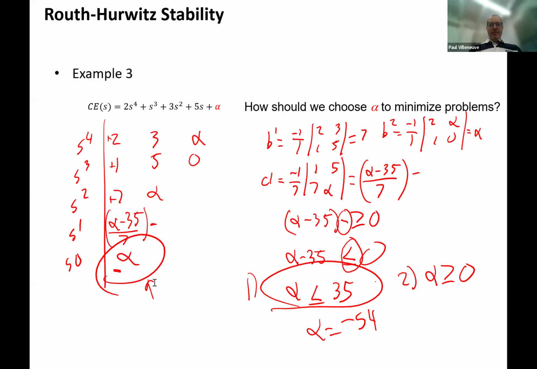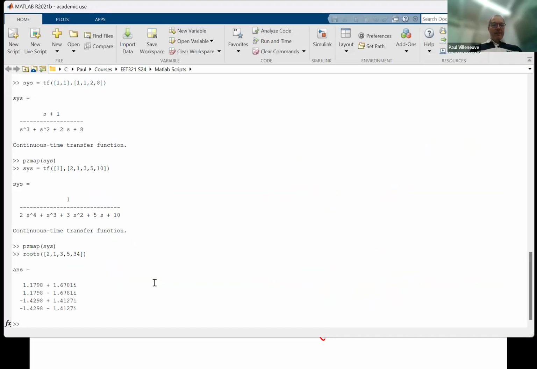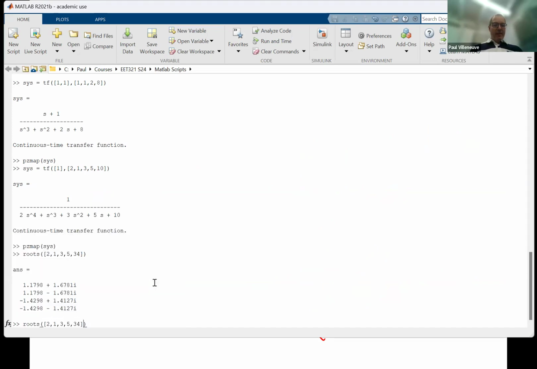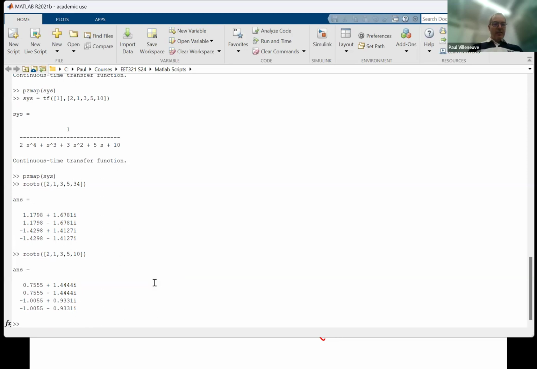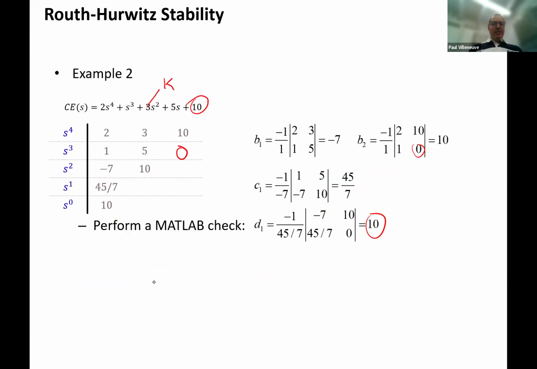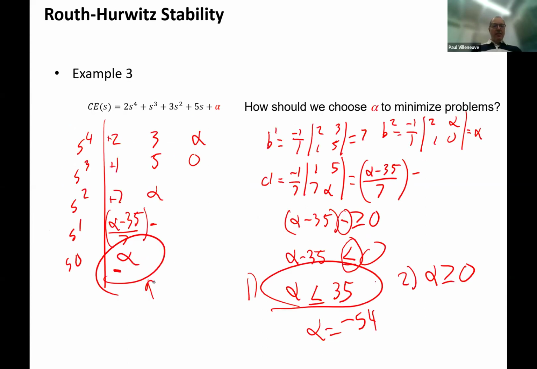I'm not sure why this isn't working out. Well, let's check this one. If you had 10, that still leaves us, yeah, with two sign changes. Is this a -7 or is this +7?